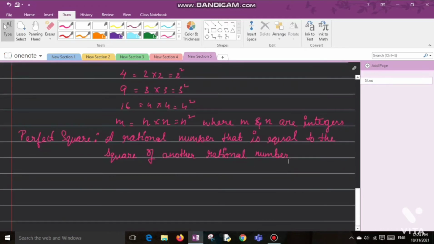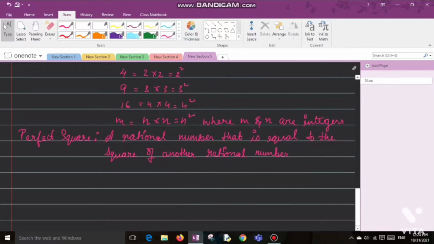Now let's see some perfect squares and understand it better. Okay, so 9 is equal to 3 into 3. 49 is equal to 7 into 7. 1.44 is equal to 1.2 into 1.2.